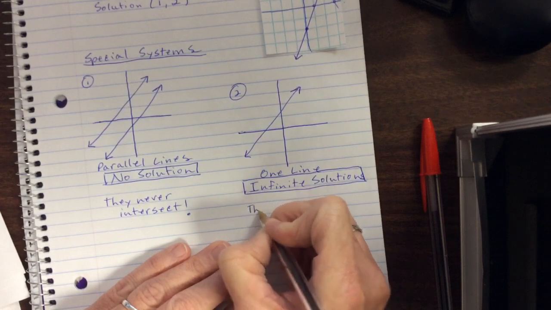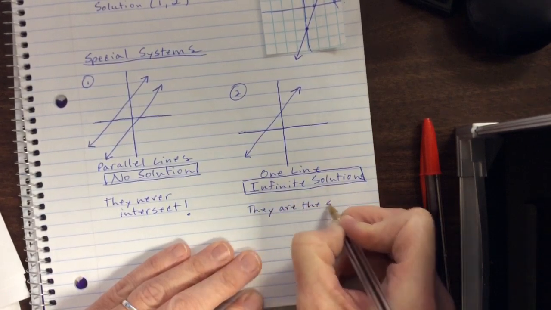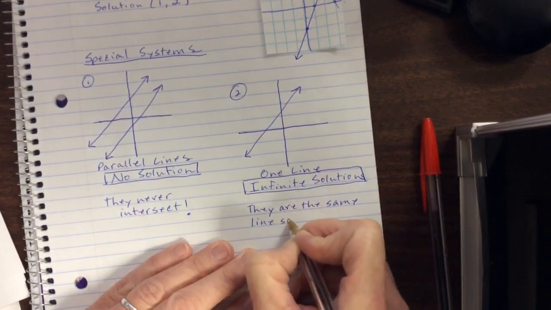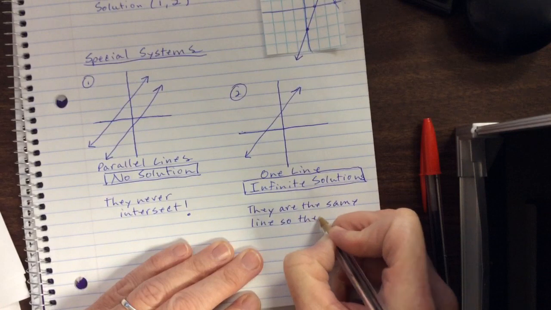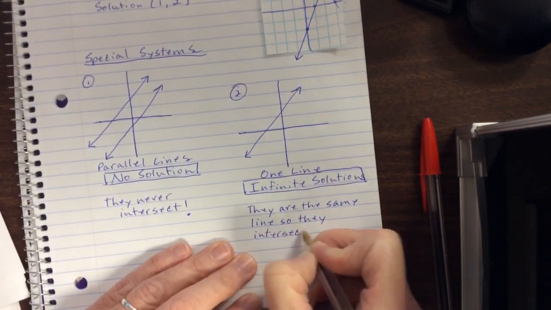And that means they are the same line, so they intersect everywhere.